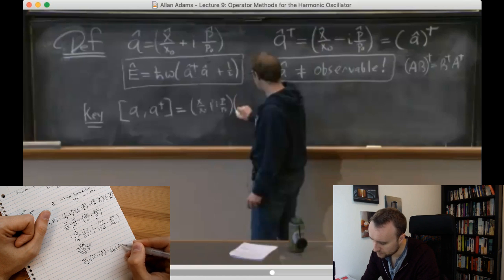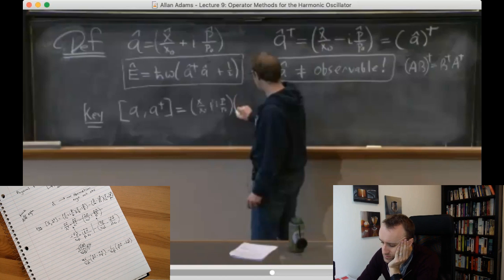Same thing, I think, no. I'm still getting them commuting to nothing. I'm missing something here. Must be forgetting a minus sign somewhere.